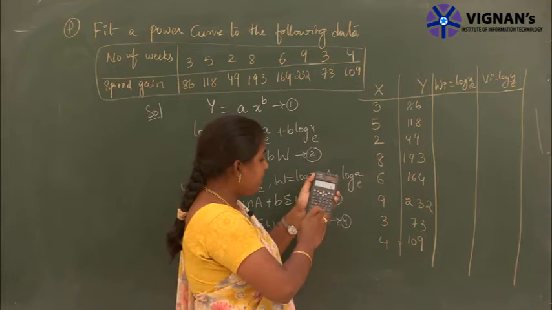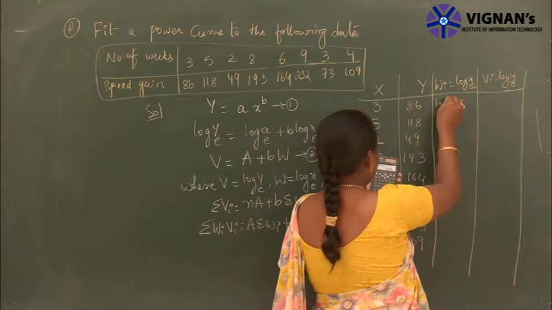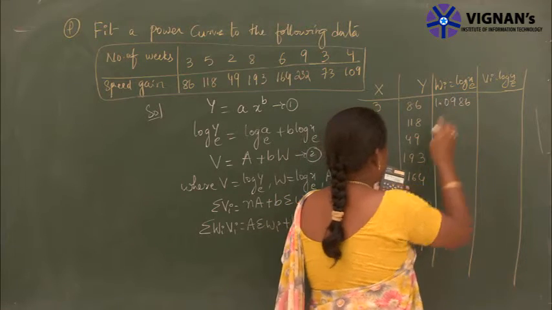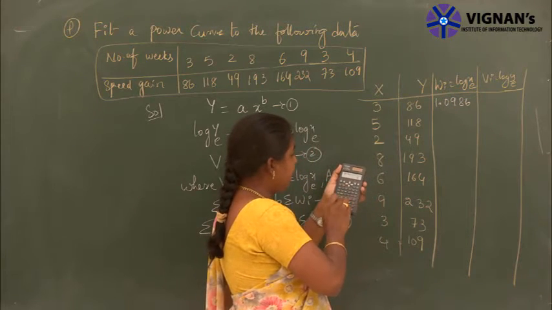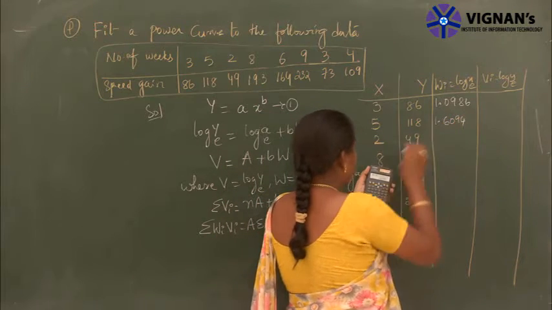So the first one, ln 3, that value equals 1.0986. Next ln 5, 1.6094.